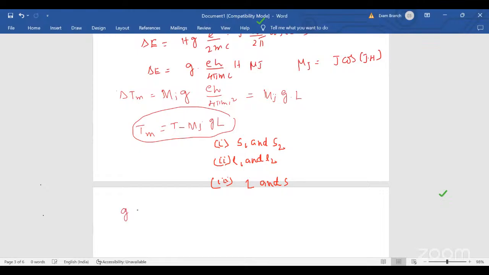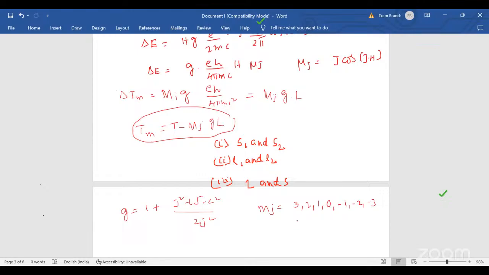If you substitute all the mj values, starting from 0 to 3 and 0 to -3, that is nothing but 3, 2, 1, 0, -1, -2, and -3, you are going to get 7 different values. So that is 12 by 3, 8 by 3, all you are going to get.